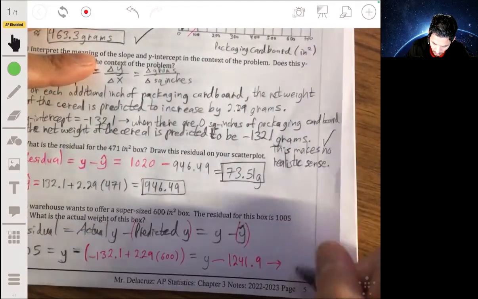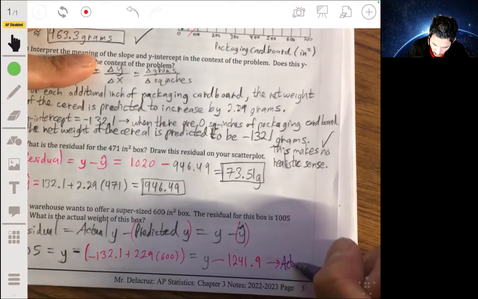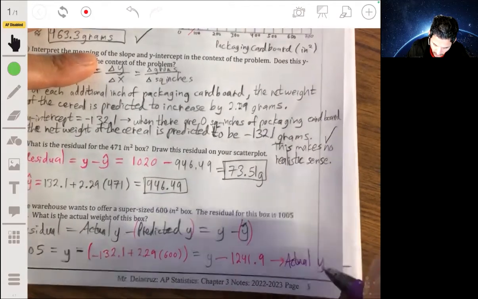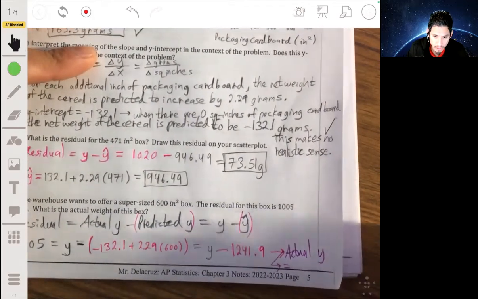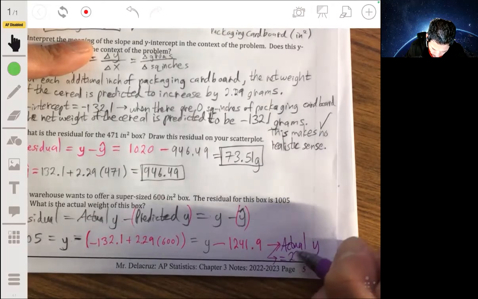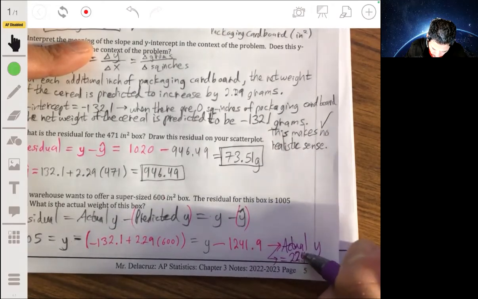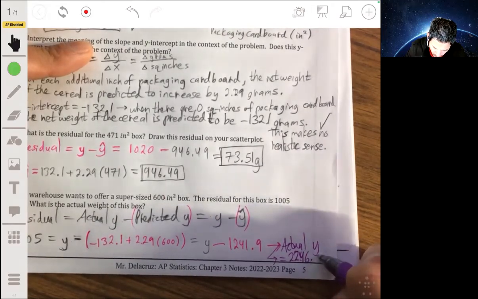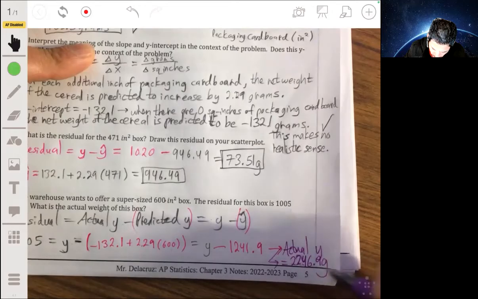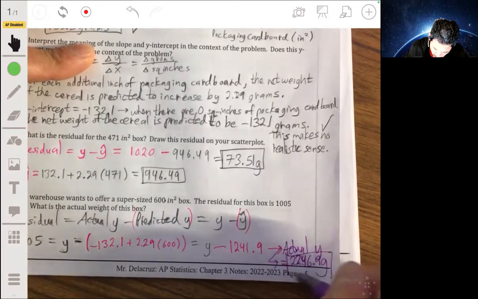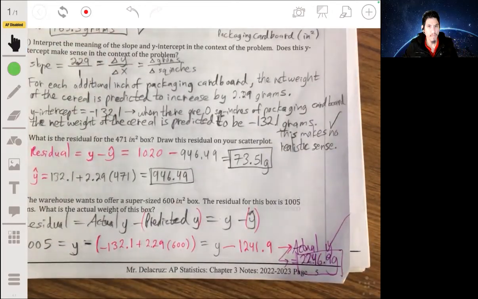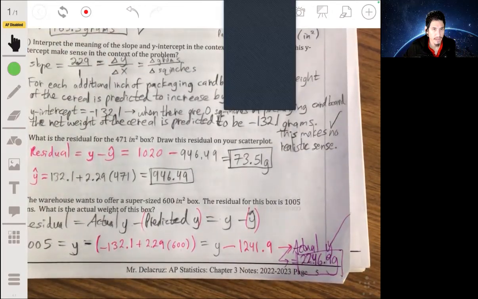Actual y equals 2,246.9 grams. Dang, and there we go.